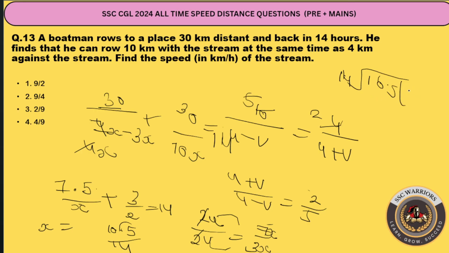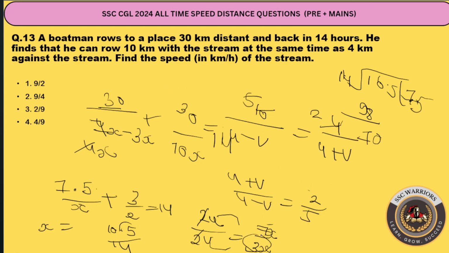This is almost 7, 14 7s are 98, carry 7, that is again point 14, 5 times is 70. So 7.5. Now speed of the stream will be what?